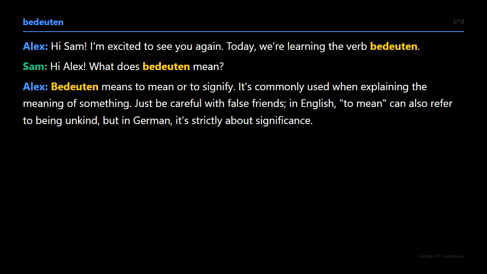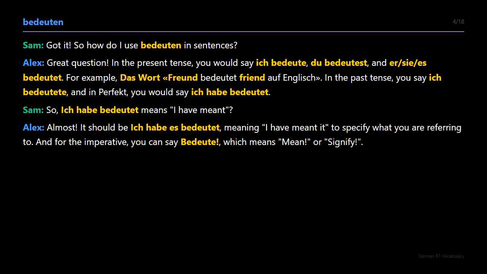Got it. So how do I use bedeuten in sentences? Great question. In the present tense, you would say, ich bedeute, du bedeutest, and sie, es bedeutet.